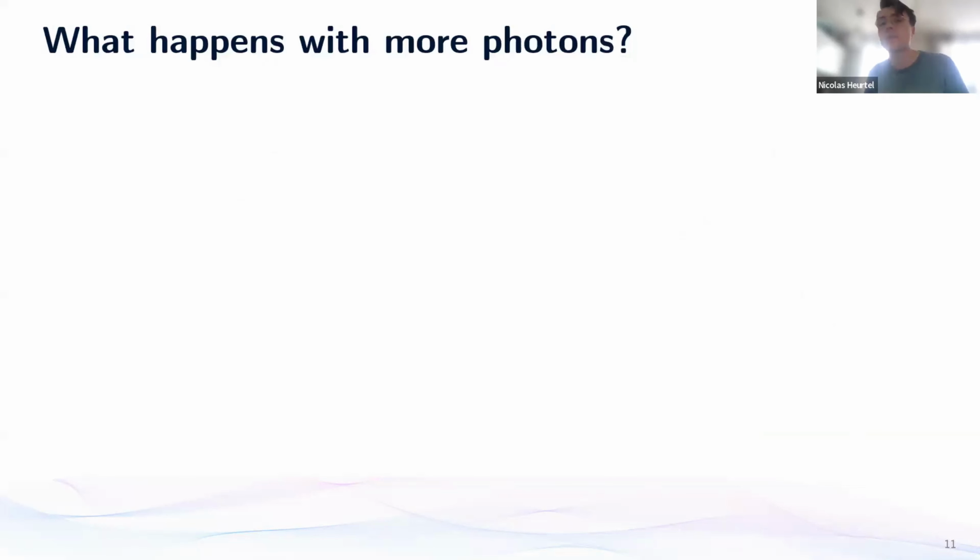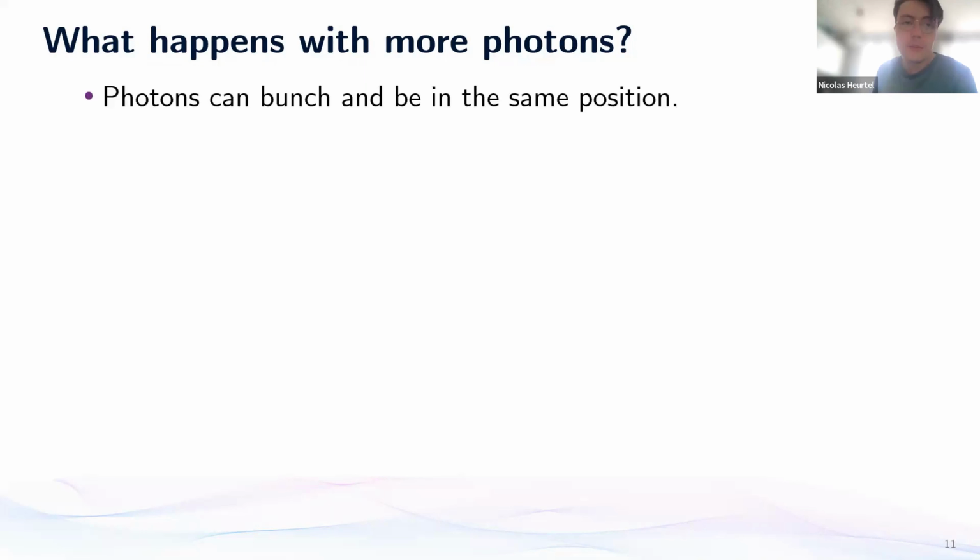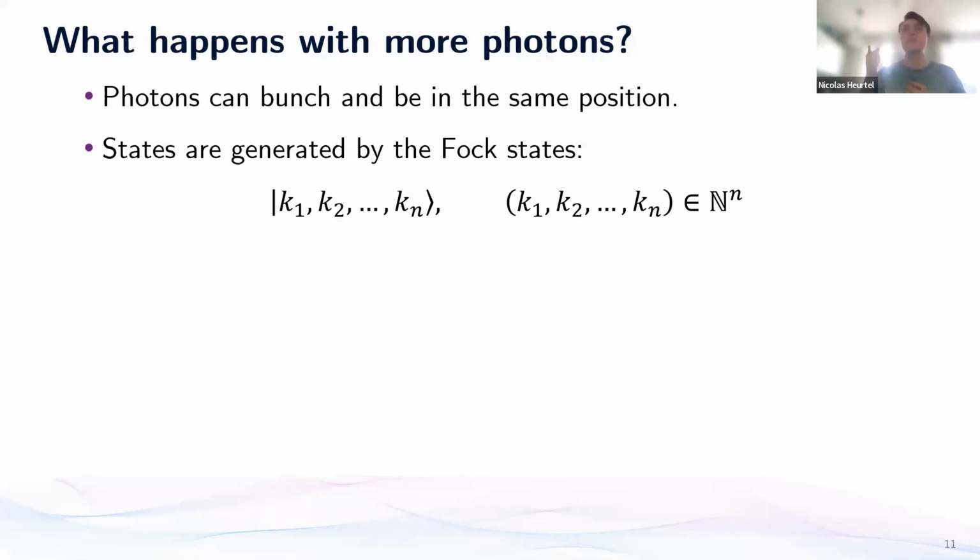So that was the semantics with one photon, just with beam splitters and phase shifters. What happens when we add more photons? We have to know that photons can bunch, which physically means they can be in the same position. Before, we just said there is one photon there.